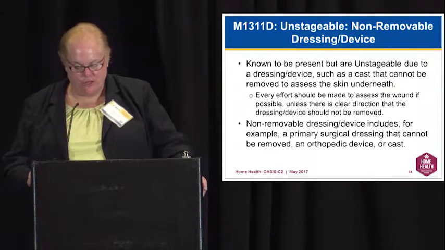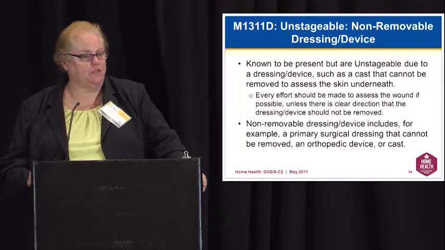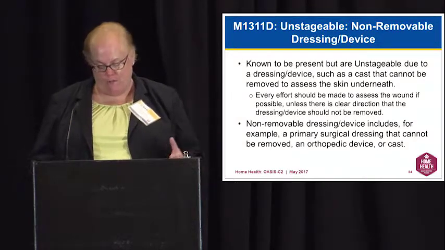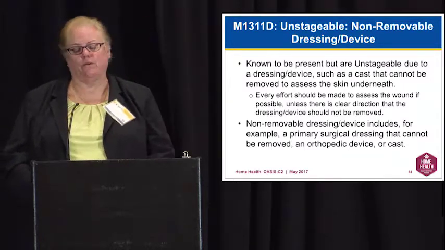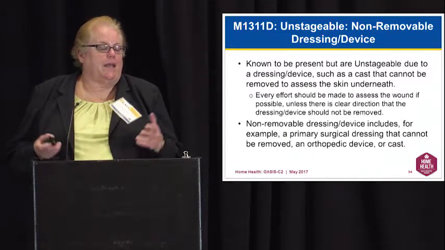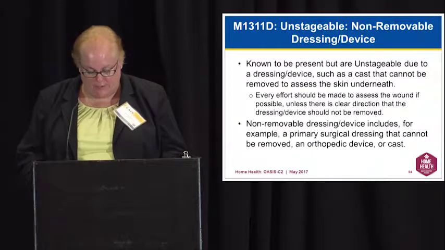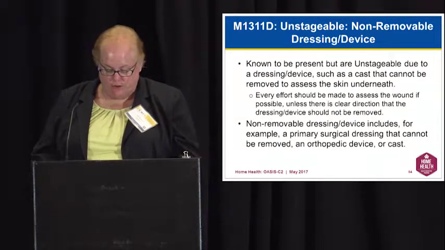Unless there's clear direction that the dressing or device should not be removed, and usually there's a physician order that says don't remove it until whatever day. You could have a primary surgical dressing that says it cannot come off until a particular day. Okay, now you're not able to do that. So the dressing should be removed and wound assessed unless there's clear direction.